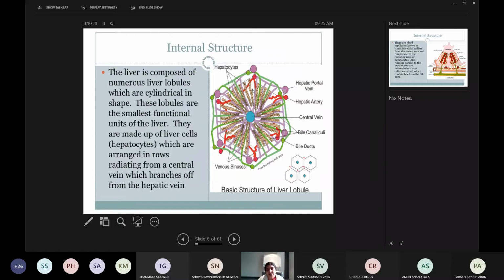You should remember that there is a mixture of both venous and arterial blood in the hepatic sinusoids, and this is very important for hepatocytes. As we know, the liver is the most important metabolic organ. When we see the list of functions of the liver, we will come to know why it is important to have this admixture of both venous blood as well as arterial blood.